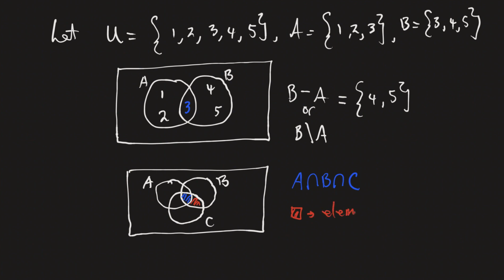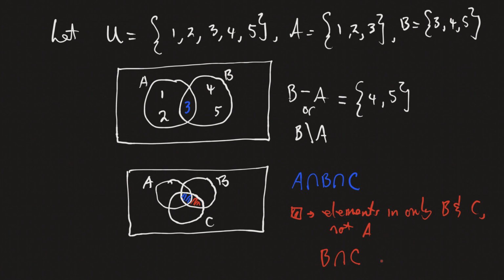Elements in only B and C, but not A. Well, just saying it out like that, you kind of see what's going on. So you want elements that are in B and C. So I would say it would be B intersect C.